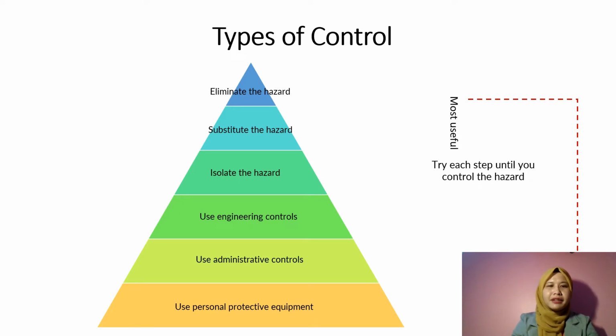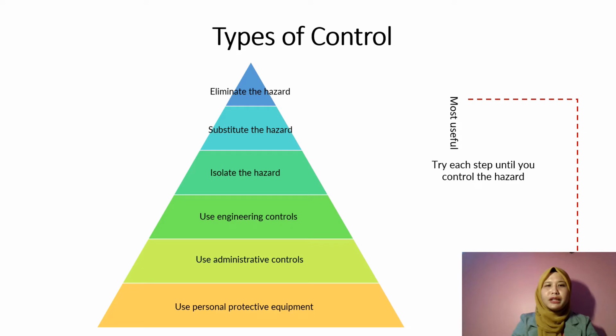The next level is engineering control. Engineering control is modifying tools or equipment, for example, redesign, automation, barriers, absorption, and dilution. The next level is administrative control.